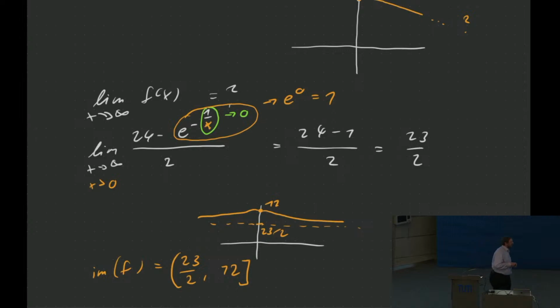I should have asked for the image of the continuous extension of f. That would be more precise. Yeah, that's correct. Otherwise, you could always argue, well, 0 is not included in the domain, and in that case, you would have to exclude 12. That is right. Actually, it was exactly the formulation in the exam. I wonder how that was graded. But it wasn't my exam, so I wouldn't know.